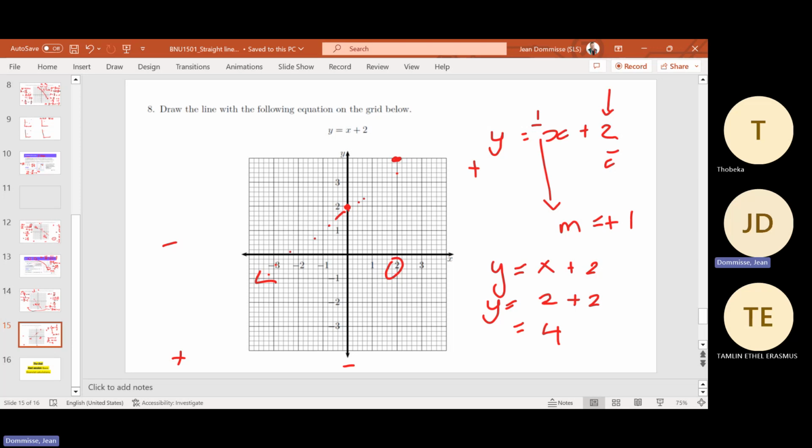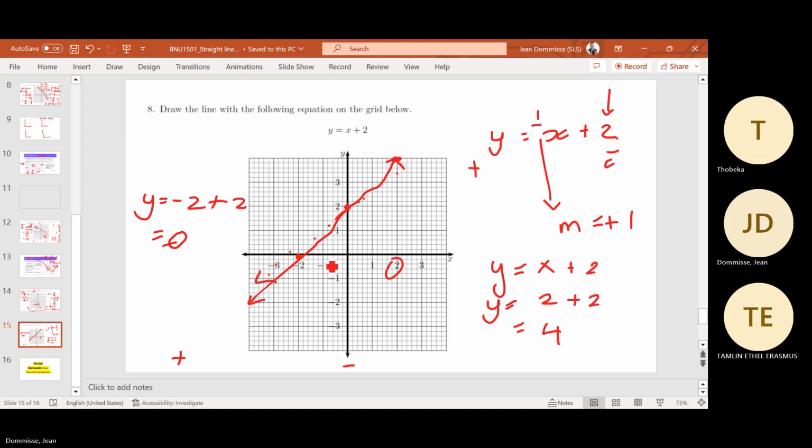So let's do it on the negative side as well. So let's put in x negative 2. So if we have y is equal to negative 2 plus 2, y is actually equal to 0. So where x is negative 2, y is 0, so that would have been our line would have gone through there, and that would have been our straight line.